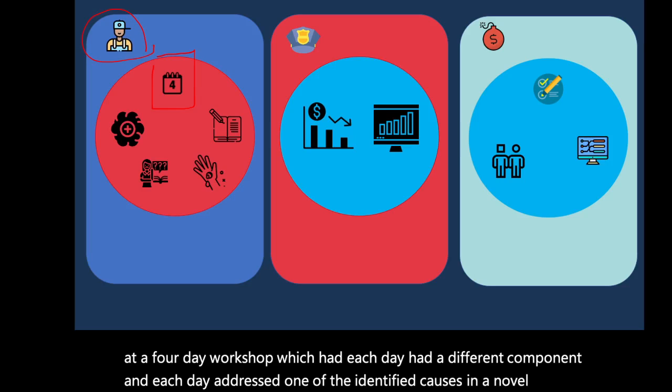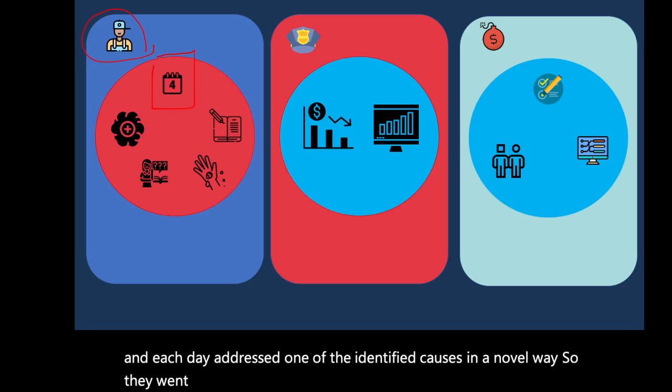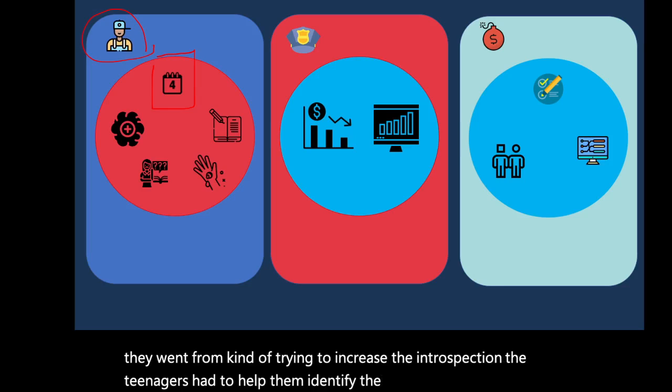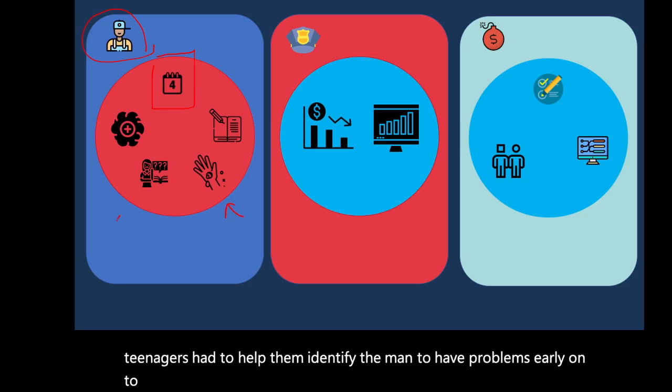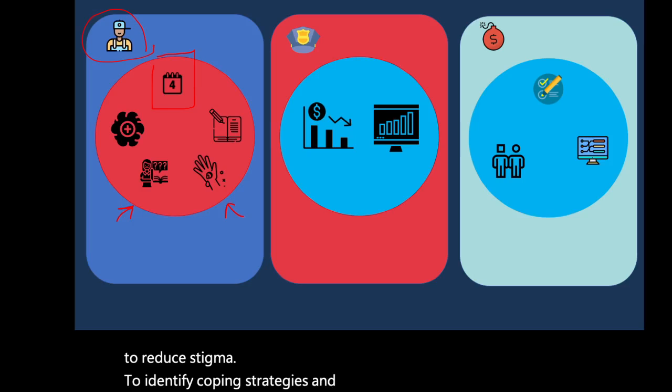So they went from trying to increase the introspection the teenagers had, to help them identify their mental health problems early on, to reduce stigma, to identify coping strategies and train them to have better coping strategies, and where to find help.